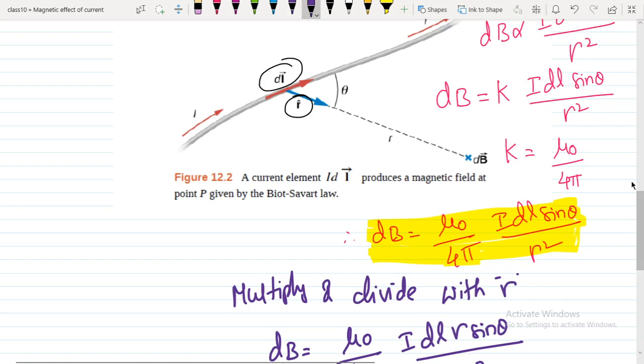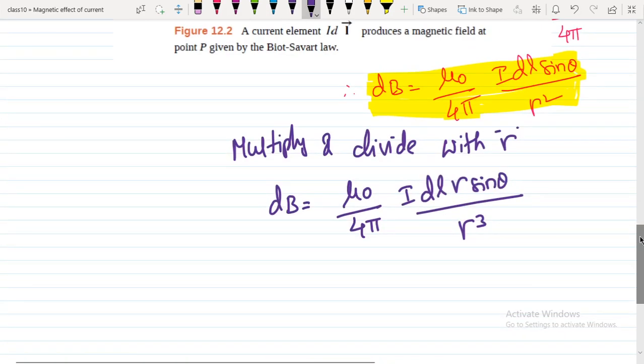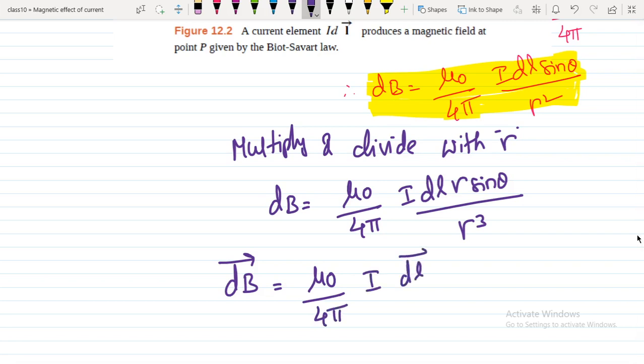If we write this in vector notation, the direction dB bar equals mu naught upon 4 pi I times dl cross r bar upon r cube.